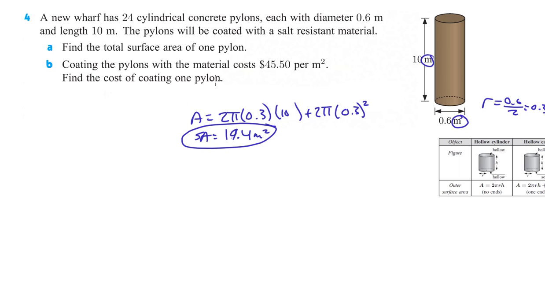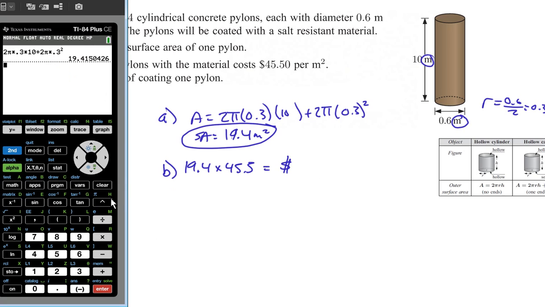Part B, coating the pylons with material costs $45.50 per square meter. Find the cost of coating one pylon. So 19.4 meters squared times 45.50. So this was part A. This is part B. 19.4 times 45.5 will give us our total dollar amount, won't it?